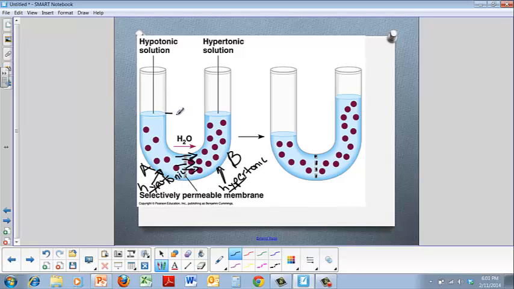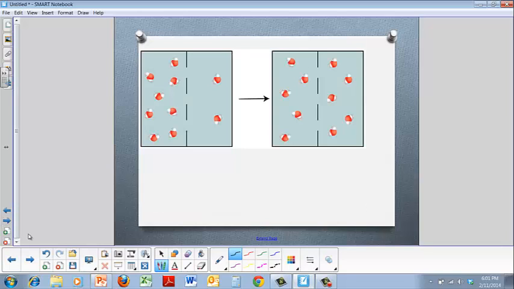So here are our water levels to start off with, and they're pretty even, but now our levels are no longer the same. After some time, that water is going to move from that hypo to that hyper. So again, here's that semi-permeable membrane. You can see all the water molecules. They're going to move from an area of high concentration to low concentration.